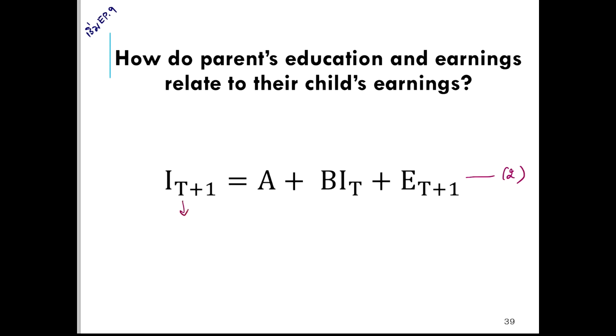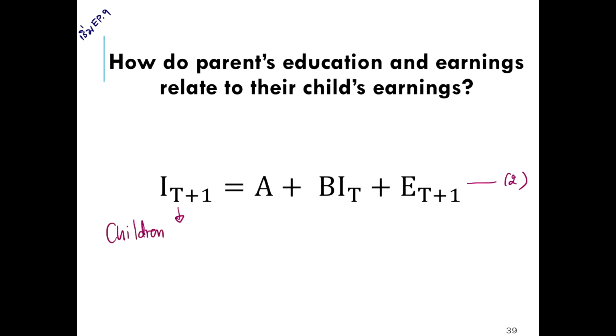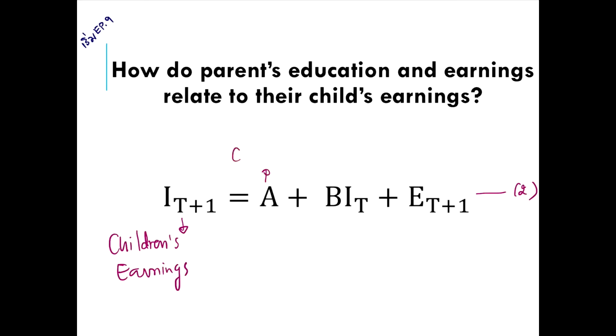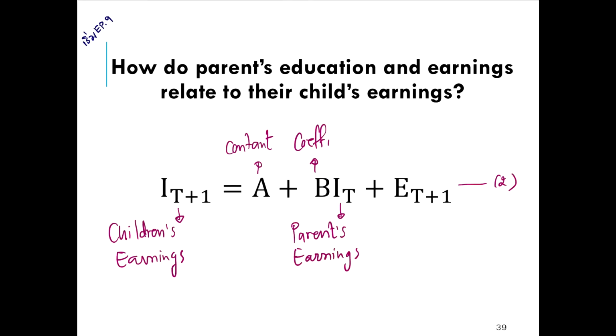Here is the children's earnings, which is a function of A, the constant term, and B, the coefficient, times the parent's earnings, plus the error term.